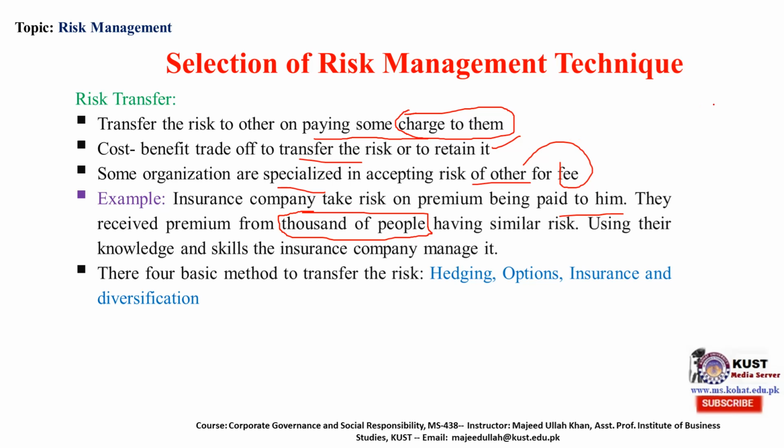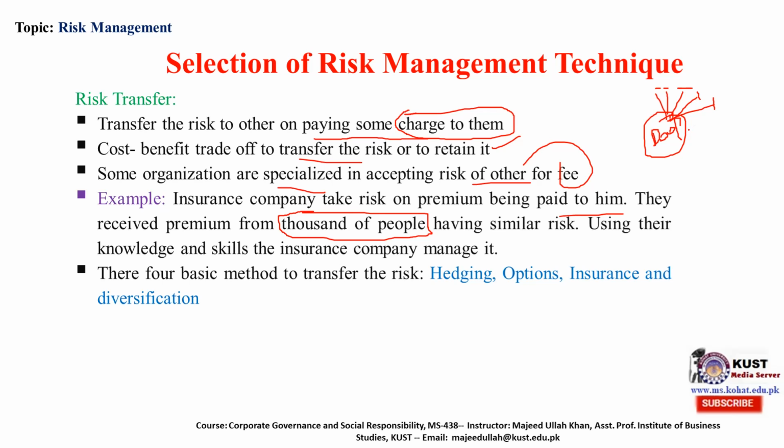So the premium from 1,000 people is accumulated with the insurance company, so it is a huge pool of money, and all policyholders are not paid their claim because it is a rare chance that all will meet some type of accident.